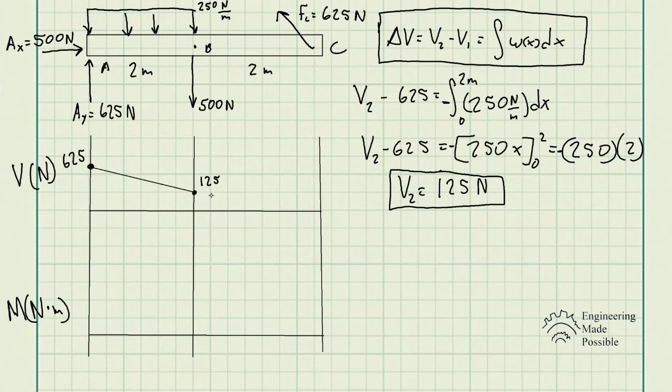So you have 125, but at this point you have another 500 newtons going downward. So it's going to be 125 minus 500, which gives us negative 375 newtons of shear. And then from here, since we don't have any distributed loading, this internal shear is going to be constant throughout this section of the beam.